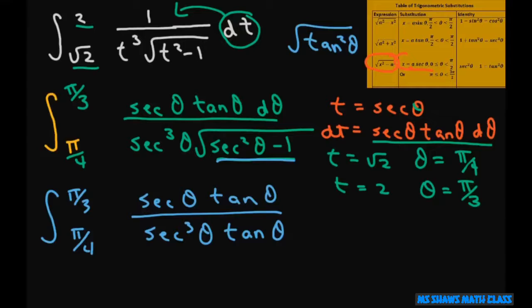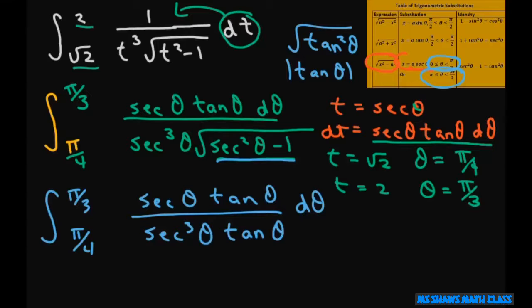We know that it's the absolute value of tan of theta, but we're either in quadrant 1 or quadrant 3, and tan is always positive, so you can take away the absolute value signs.